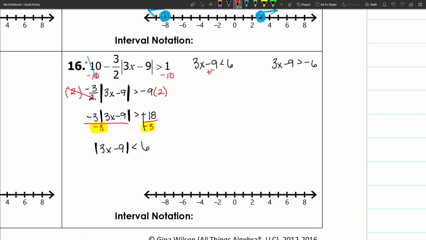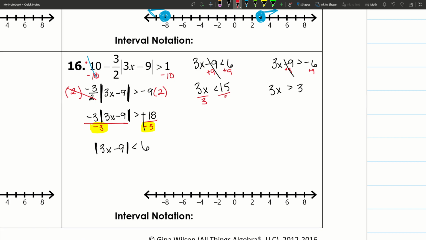We should add the 9 away on every side. Which again, if you want to do these separately, you can. You do not have to do them both together. 9 minus 9 goes away, so we have 3x. 6 plus 9 is 15. Negative 6 plus 9 is positive 3, because it's 9 minus 6.